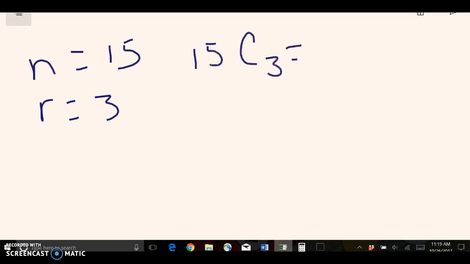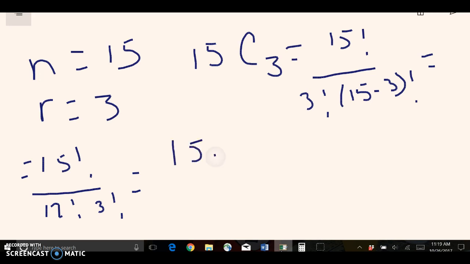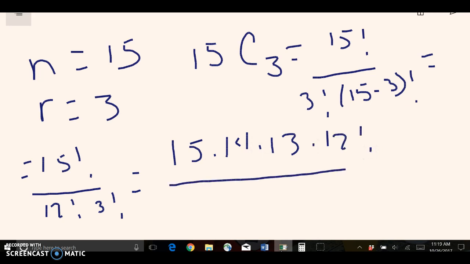So that would be 15C3. That is 15 factorial over 3 factorial times (15 minus 3) factorial. So that's 15 factorial over 12 factorial times 3 factorial. Oh, this is going to be an easy one. I have 15 times 14 times 13 times 12 factorial. I can stop there because 12 factorial crosses out.